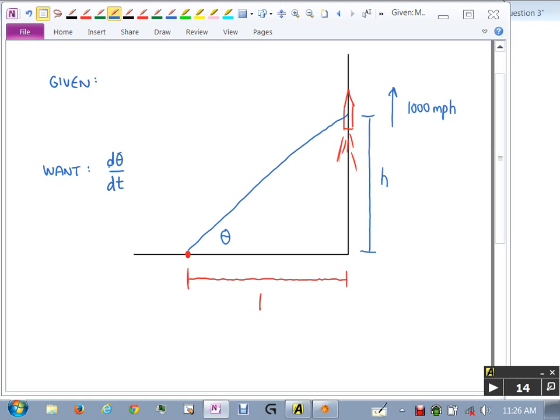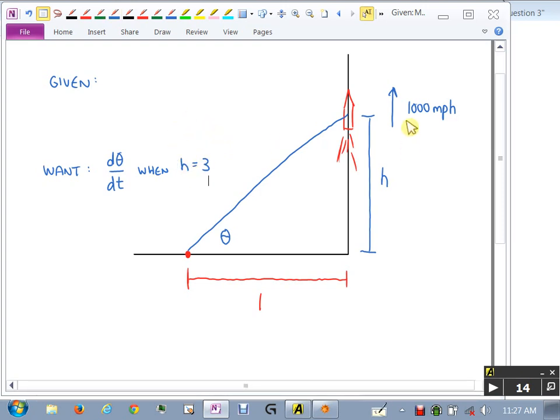When do we want that? There's a specific point in time when we want that. When the rocket's 3 miles high. So when h is 3, right? We want this when h is 3. What's the given information here?